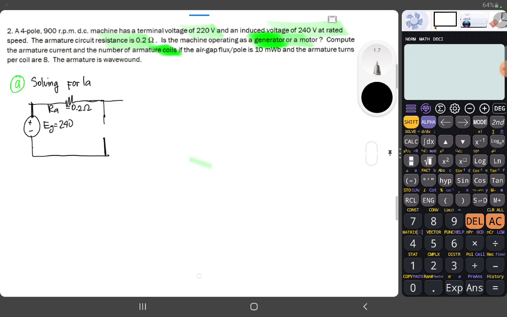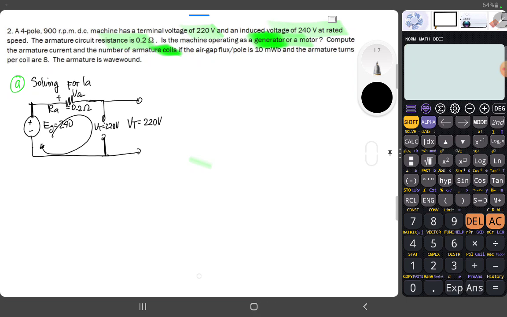Since the terminal voltage is already given as 220 volts, and since they are connected in parallel, we may conclude that this is also equal to 220 volts.